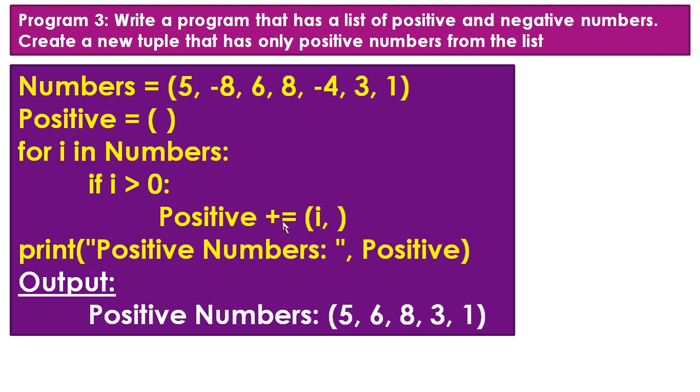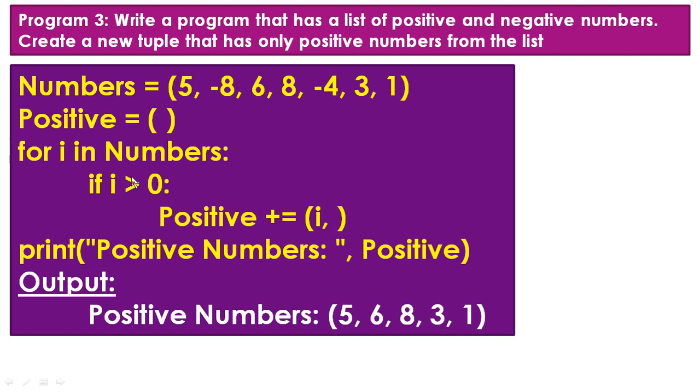This you already studied in the list lesson in the previous class. Positive plus equal to I, that means 5 is added to this empty tuple. The 5 is added to the empty tuple at the first position, and the next I is -8.